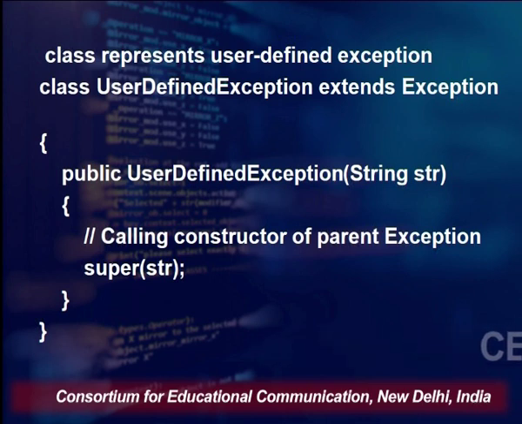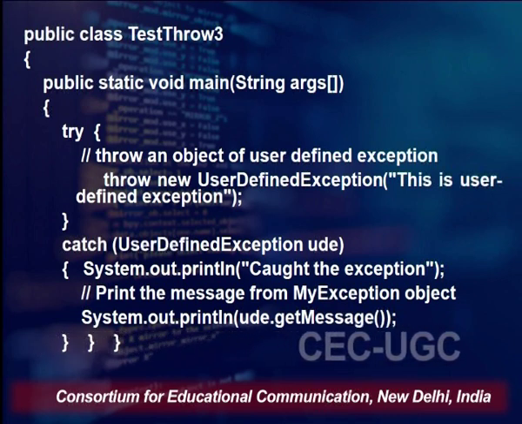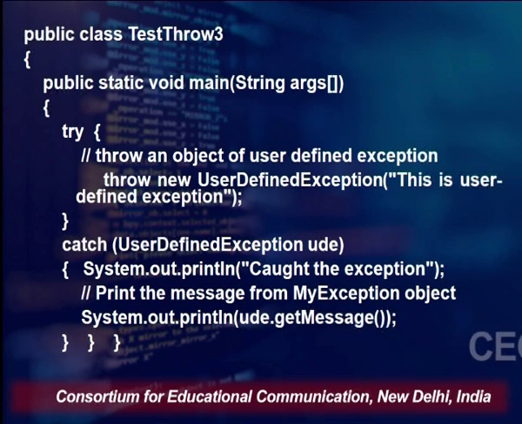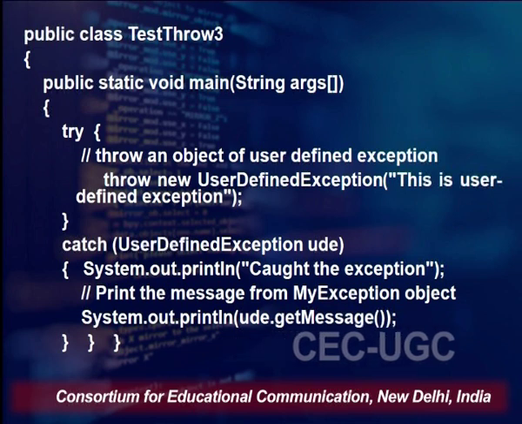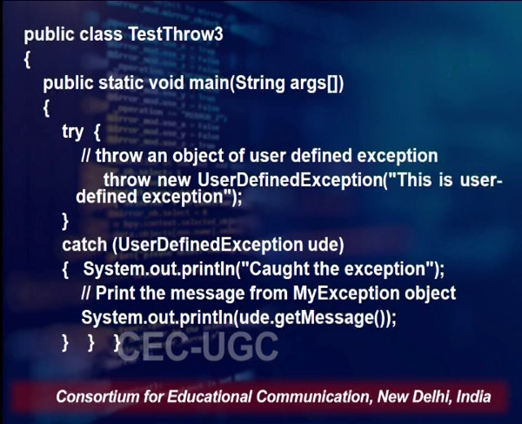In this program, we have just defined one constructor, and within that constructor we have called the constructor of the parent exception class. Within the main method, in order to write the driver code, we are deliberately throwing a new user defined exception with the help of the throw keyword. So throw is basically throwing an object of the user defined exception.